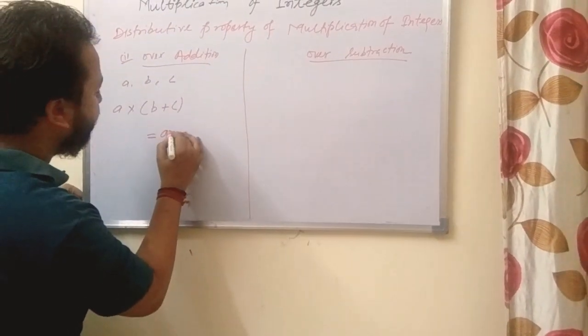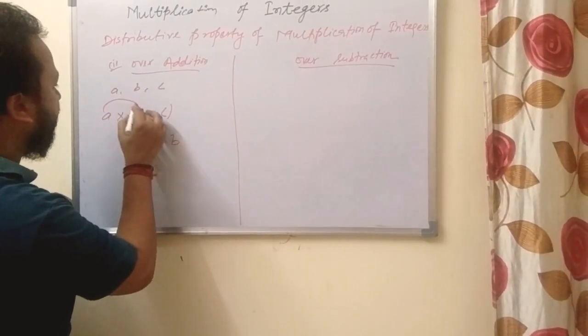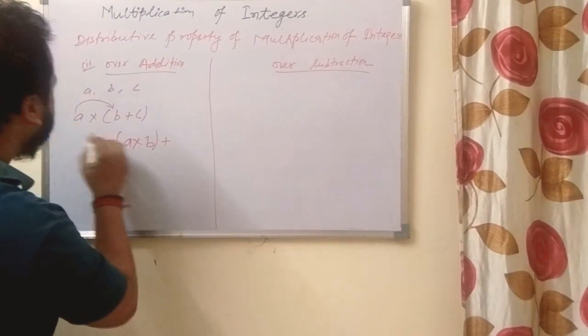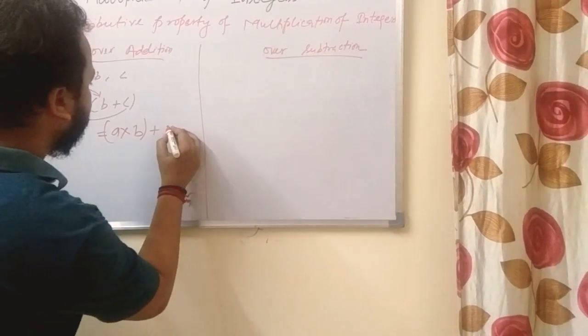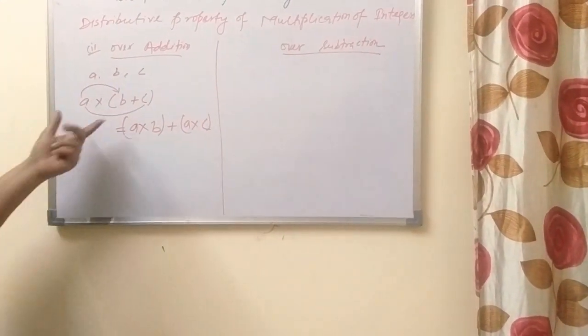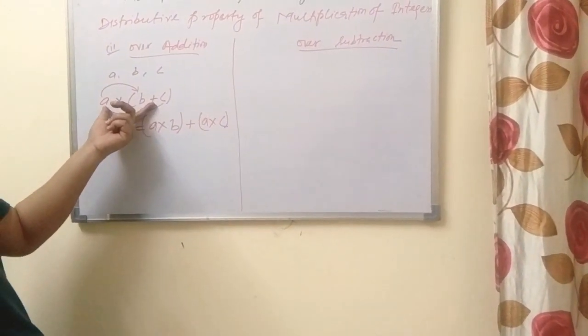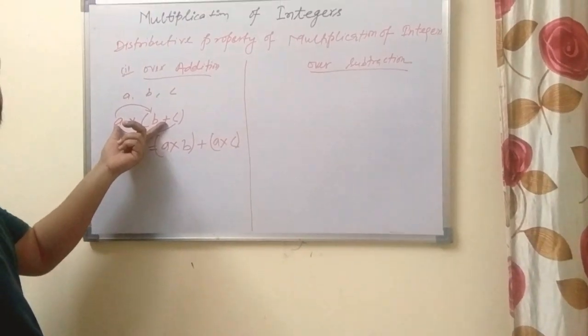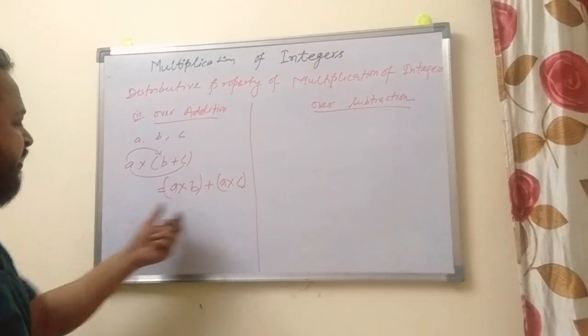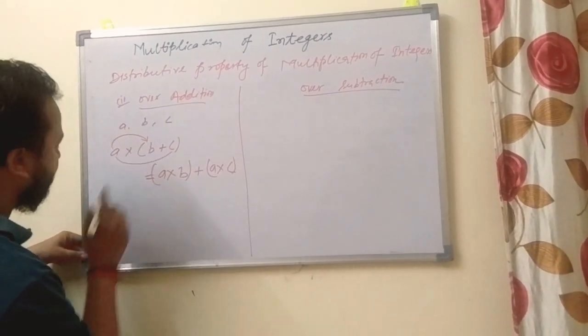Means a multiplied by b plus c means you multiply a to b, then again put the positive sign, then a to c. So while doing this, the LHS is equal to RHS.